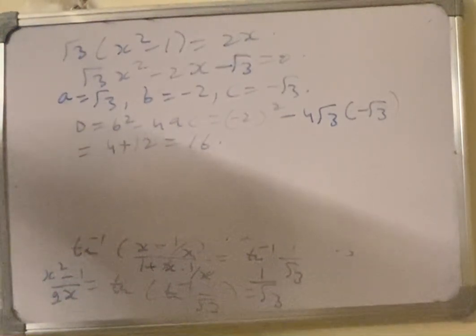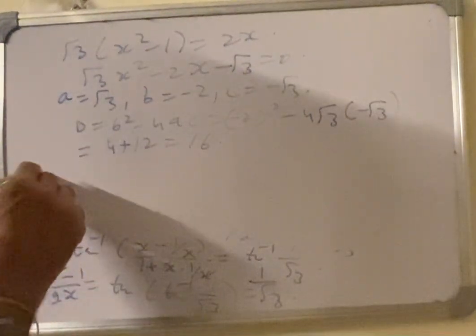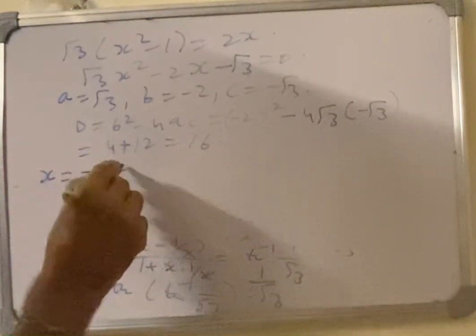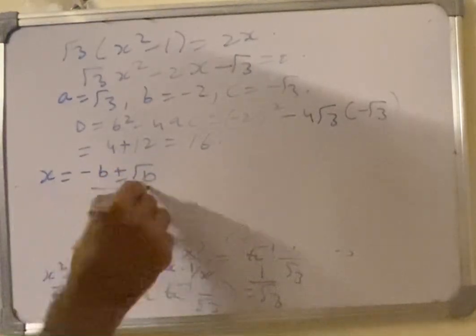Therefore, x is minus b plus minus square root d by 2a.